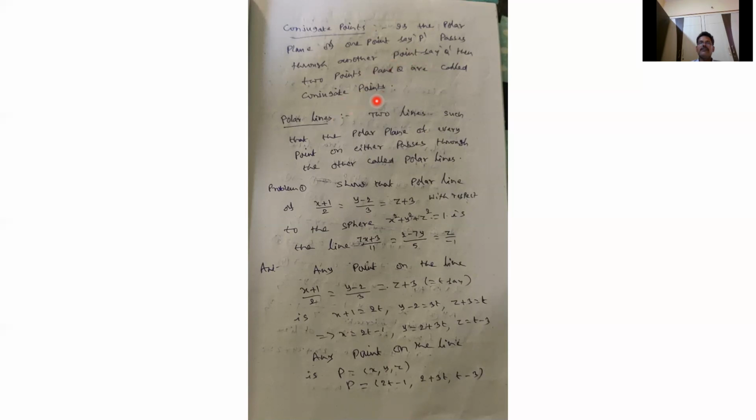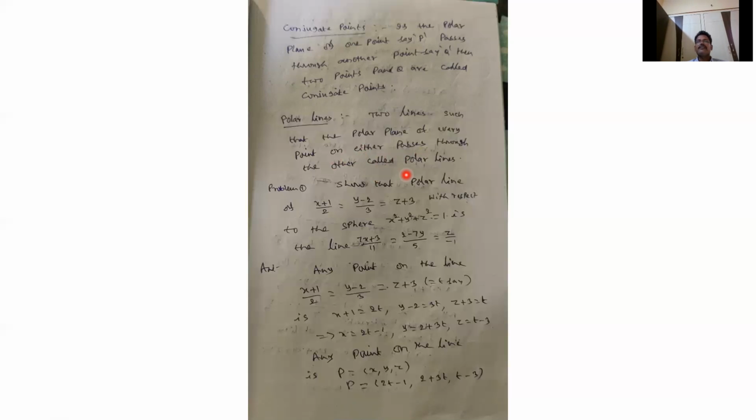Polar lines, similarly: if you take two lines such that the polar plane of every point on one line passes through the other line, they are called polar lines. Suppose L1 and L2 are two lines.